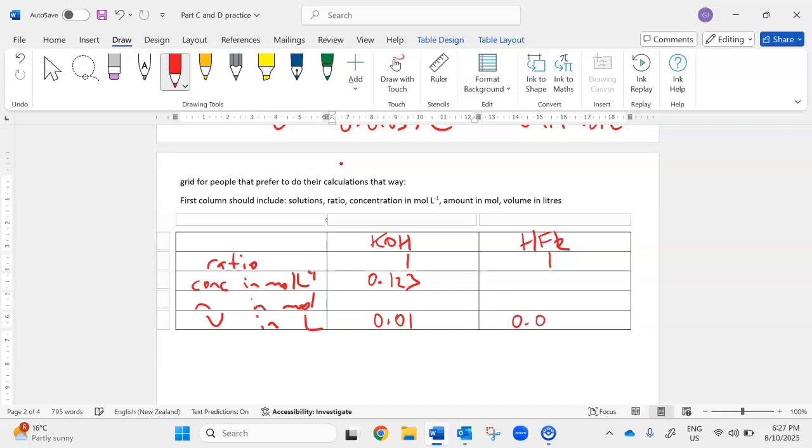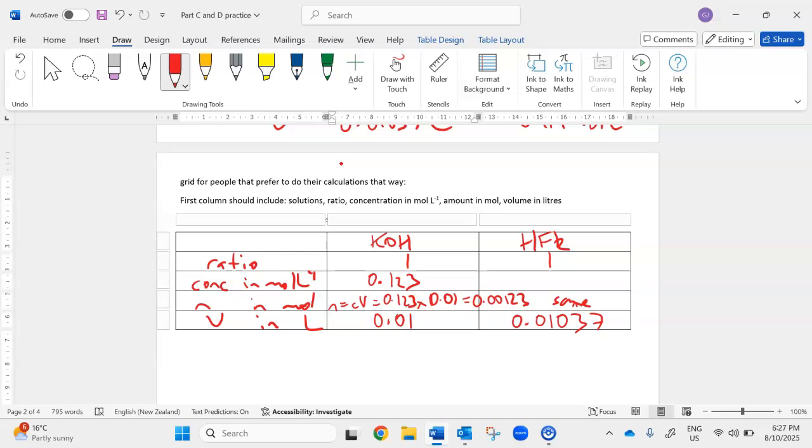This is the average of the concordant volumes, which is 0.01037. N equals C times V equals 0.123 times 0.01 equals 0.00123. Because these are in the ratio of 1-to-1, this is the same.